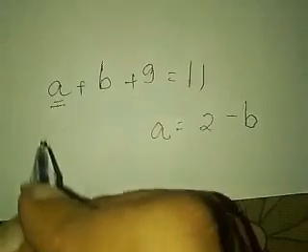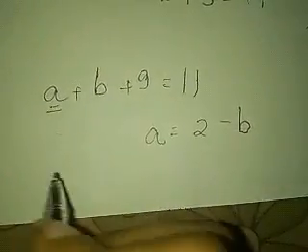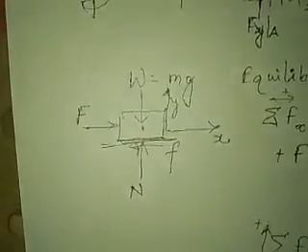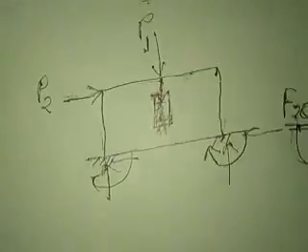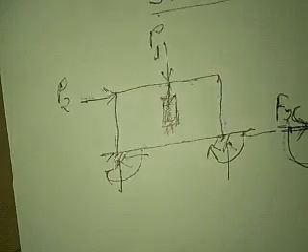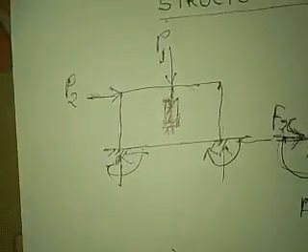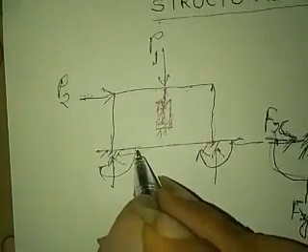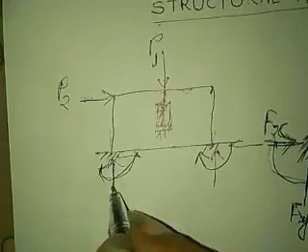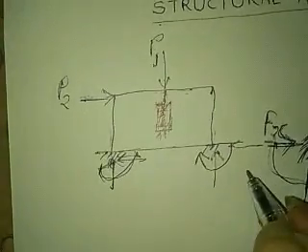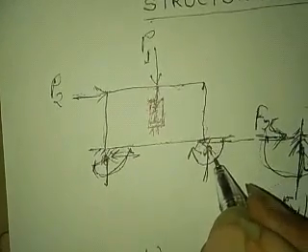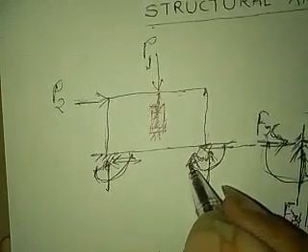And that is the problem when we get a structure with support reactions more than 3. We have 3 equilibrium equations for this 2D problem, and we have here, say, 1, 2, 3, 4, 5 and 6 support reactions.